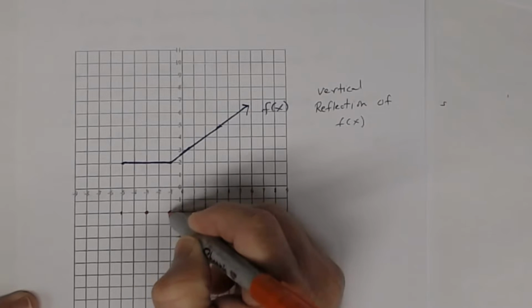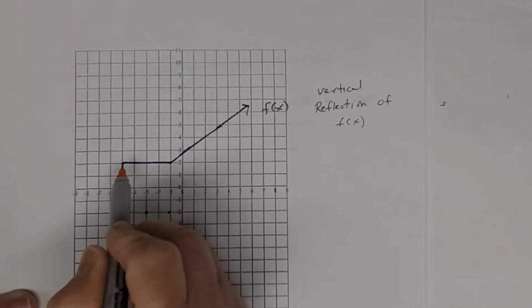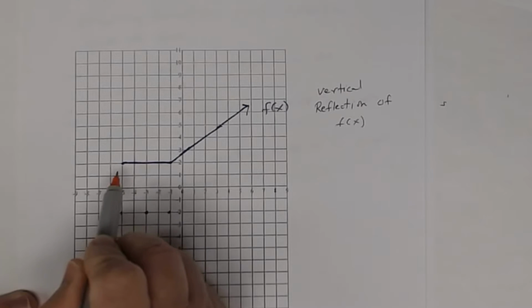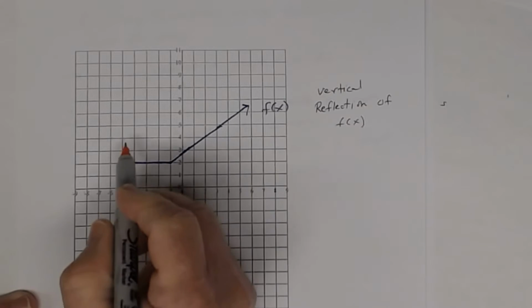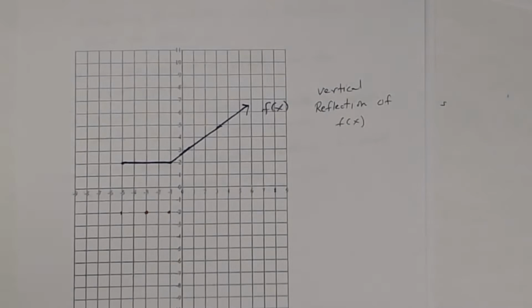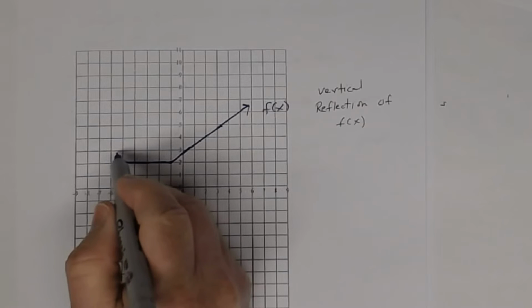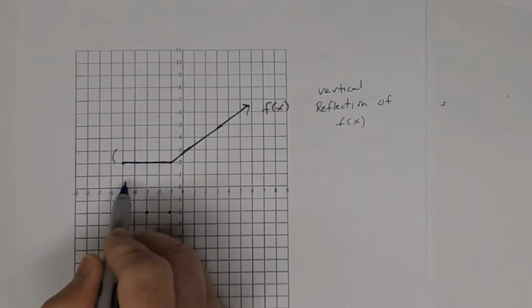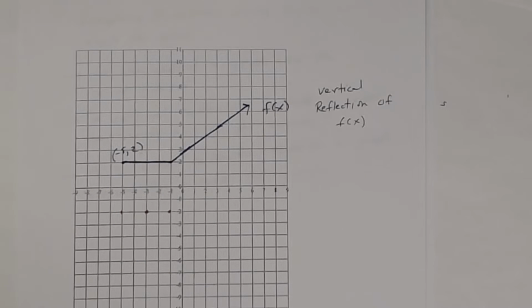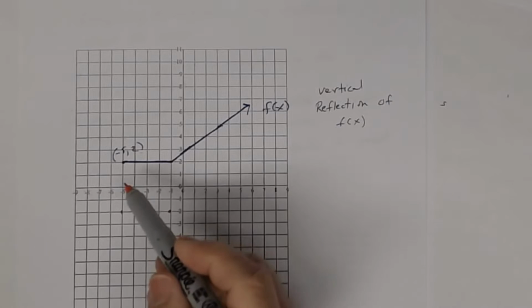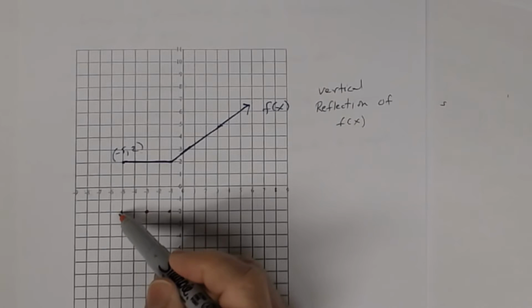But here's what I want you to notice. There's a particular property about reflection about the x-axis. If I look at this point right here, I'm going to go ahead and do that with the blue color. This point is negative 5, 2, right? But when I reflect it about the x-axis, I want you to notice what point this is.